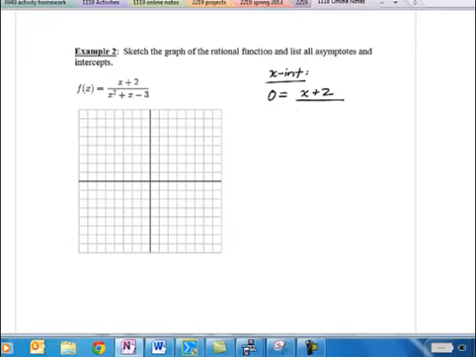And on the previous page, actually we want to get this factored first, right? Oh, we better change this. This doesn't factor, right? x squared plus x minus 3. We need something we can factor. So let's change this to x squared minus 2x minus 3.